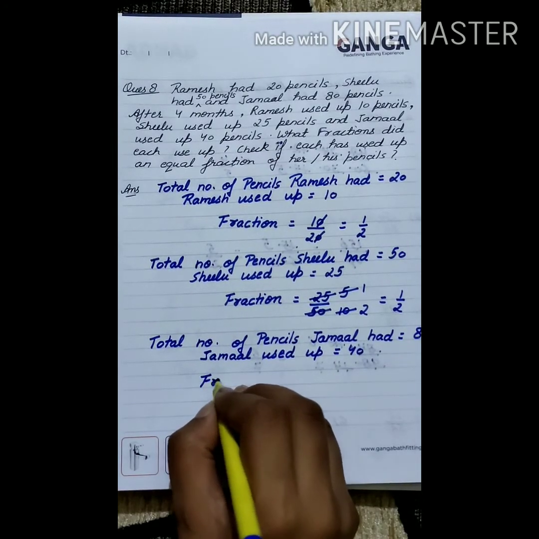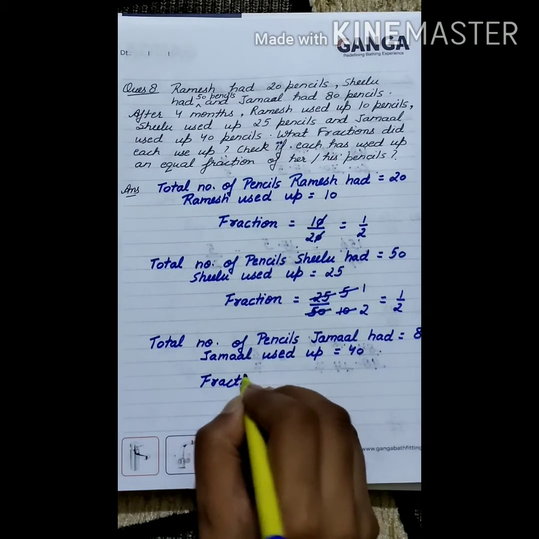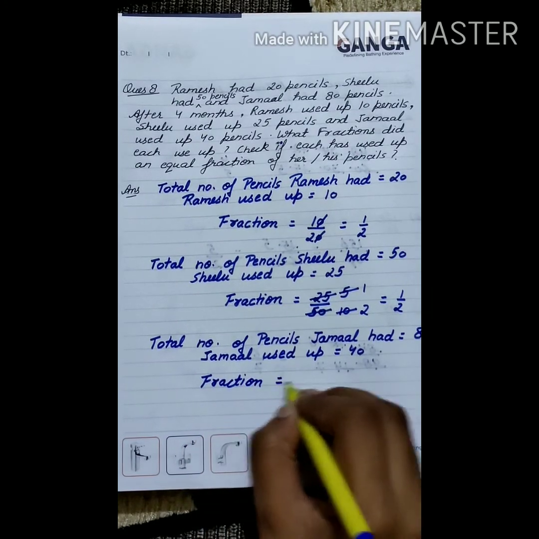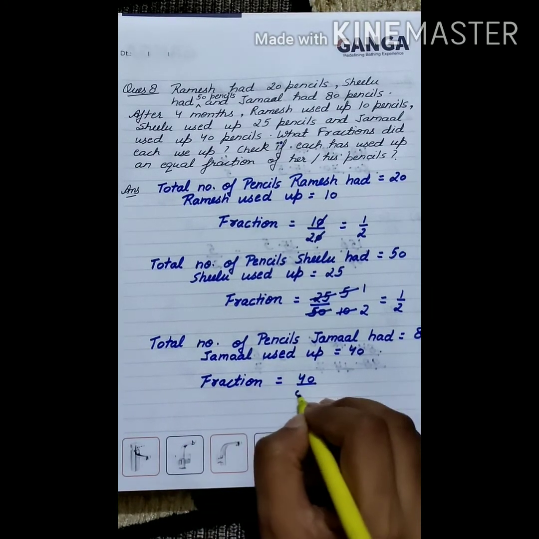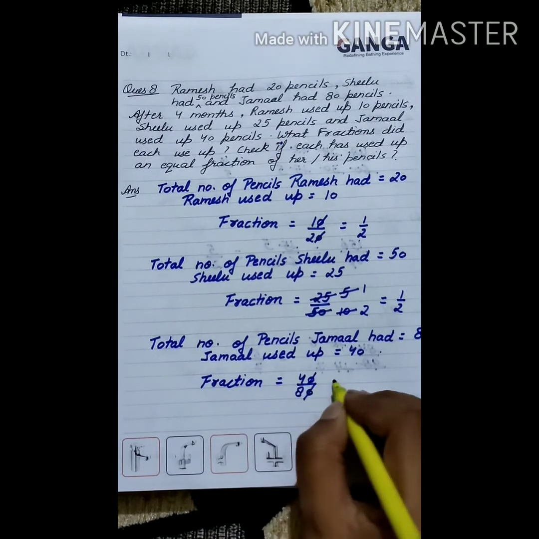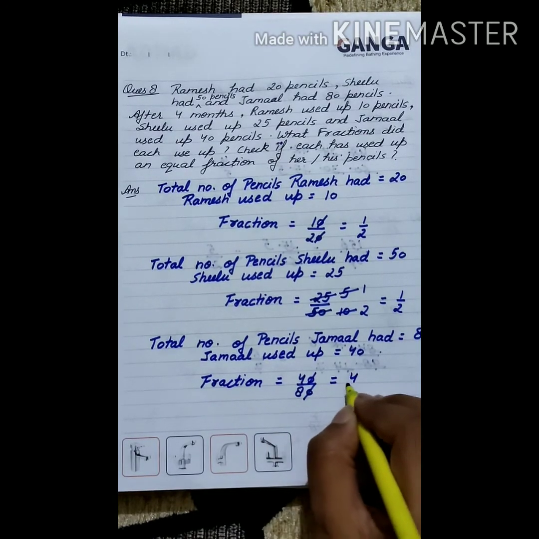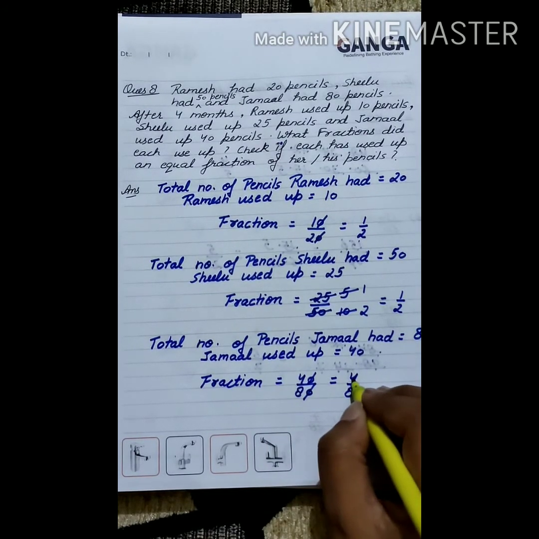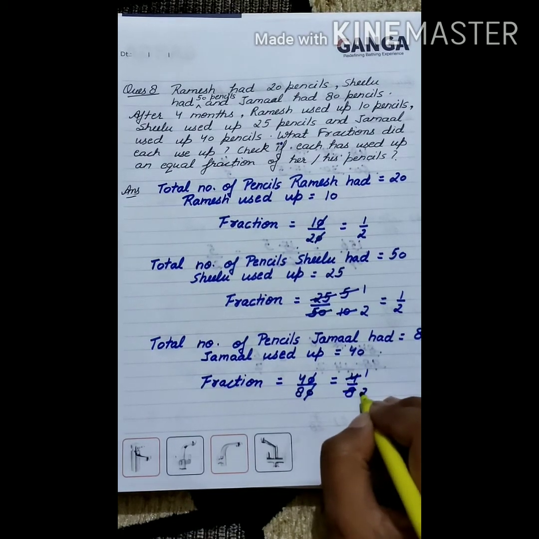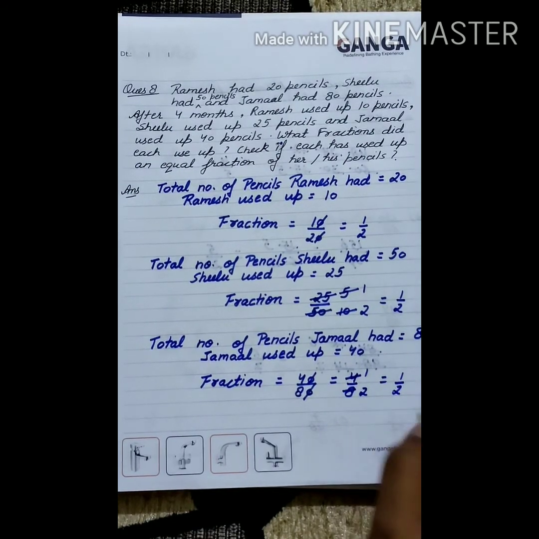Therefore, the fraction is equals to 40 divided by 80. 0 and 0 cancelled. Now we will get 4 upon 8, and after simplification we will get 1 upon 2.